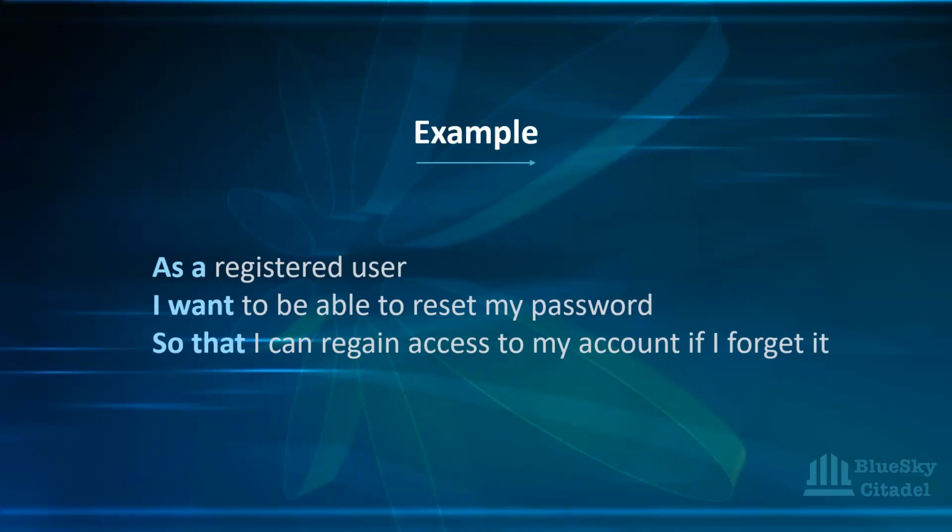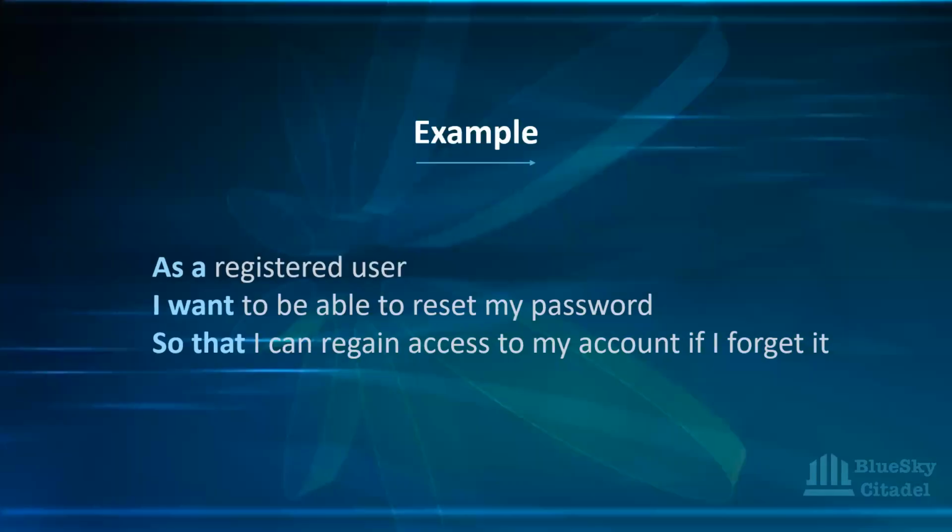Okay, so this is independent, this is negotiable, this is valuable, this can be estimated. As you can see, this is small, and this is definitely testable. We can test this. Okay, this is an example of an effective user story.